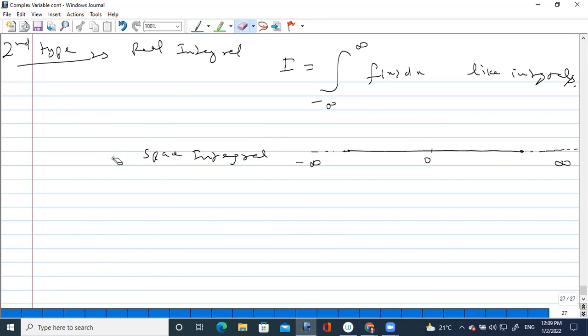And what I told you, you have to convert it into complex space. So how can I convert into complex space? In complex space, I need some contour. So you can think of it like this is a bar, which is a very long bar going to minus infinity and infinity. You can shrink it.